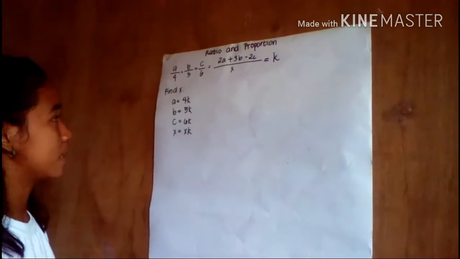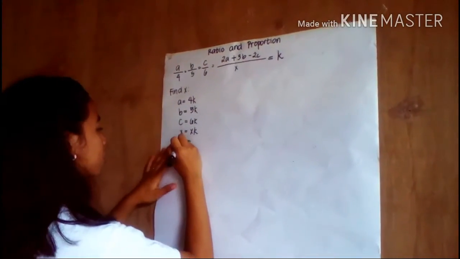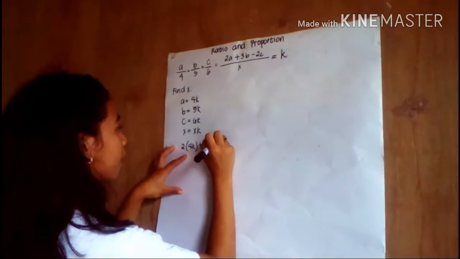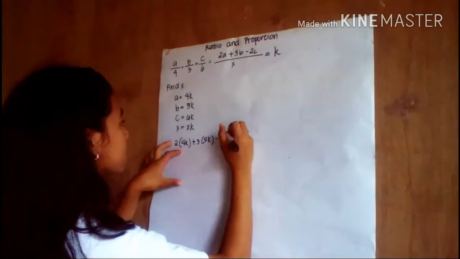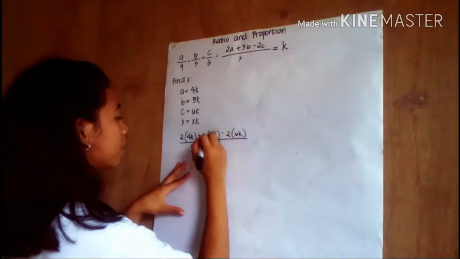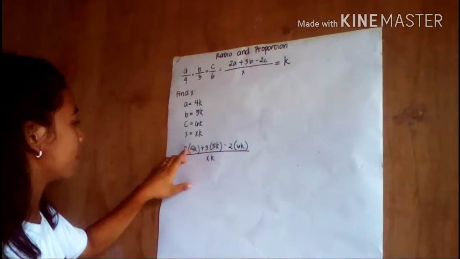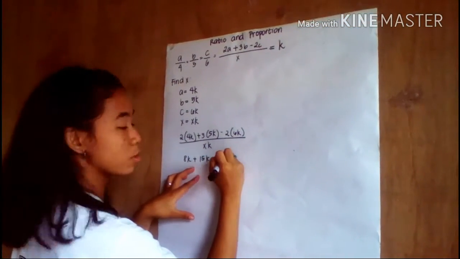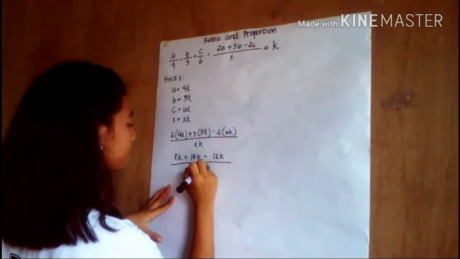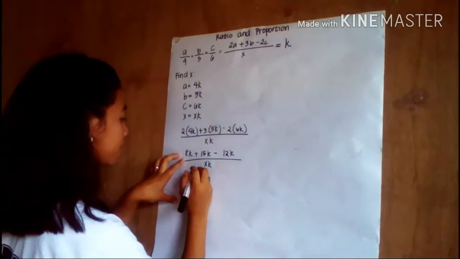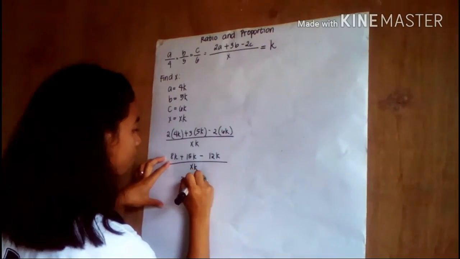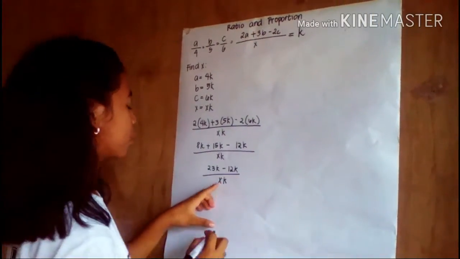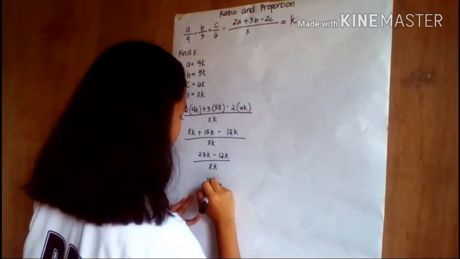So to find x, we simply substitute the given values: 2 times 4k plus 3 times 5k minus 2 times 6k over xk. Then multiply: 8k plus 15k minus 12k over xk. 8k plus 15k is 23k, minus 12k over xk. 23k minus 12k is 11k over xk.